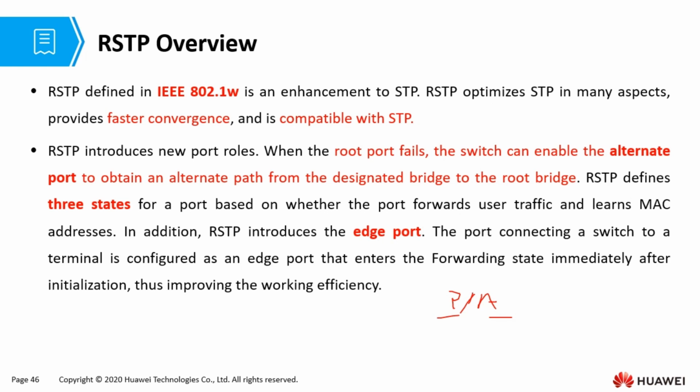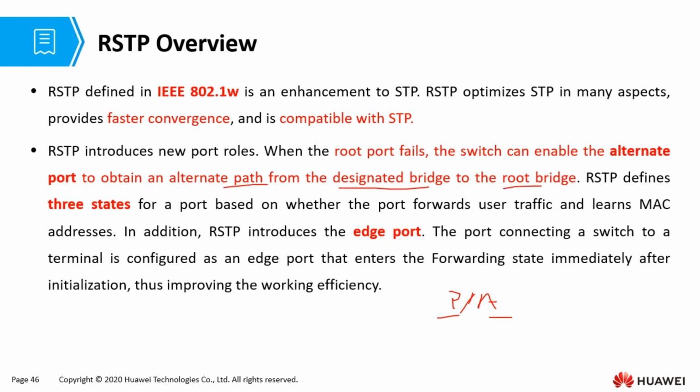Another big difference is that they try to remove the three-port state by defining new port roles to distinguish them. They have the alternate port to obtain the alternate path from the designated bridge to the root bridge.